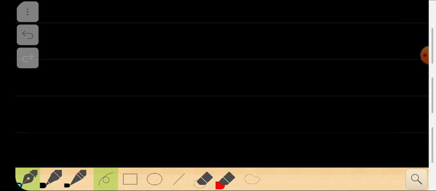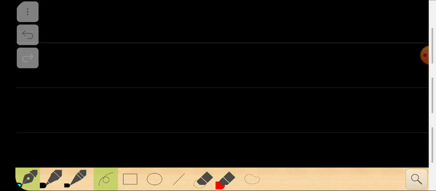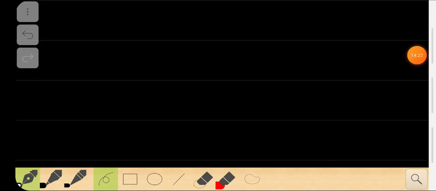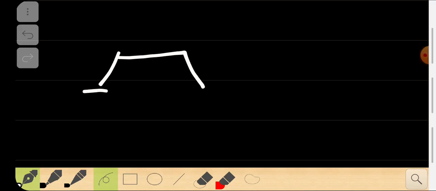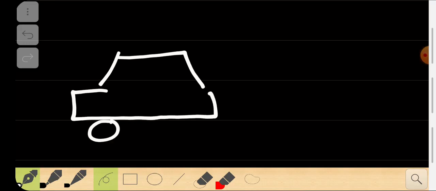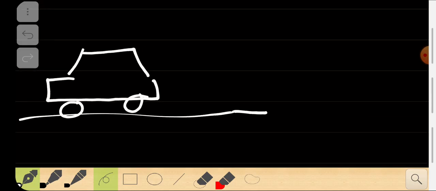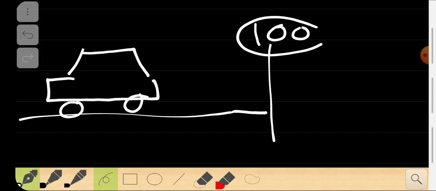So we are going to do a problem of one-dimensional motion. Say you have a car which is starting from rest at x0, moving in a straight line, and at some point it will travel a distance of 100 meters with some acceleration.